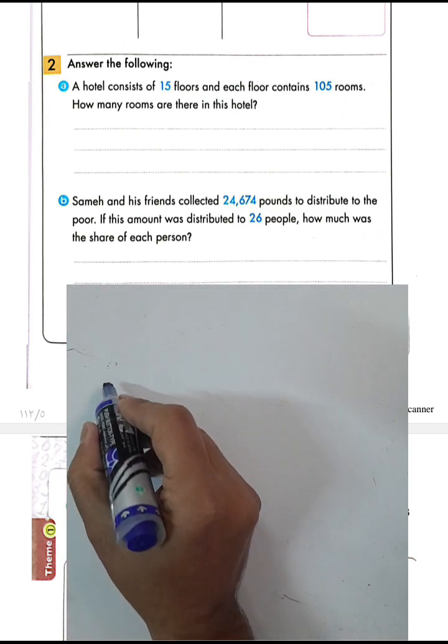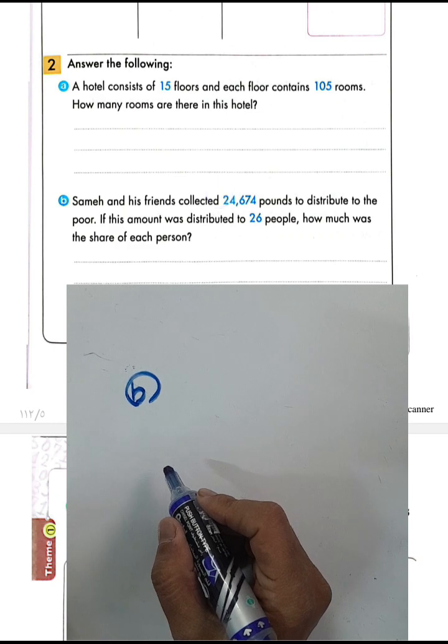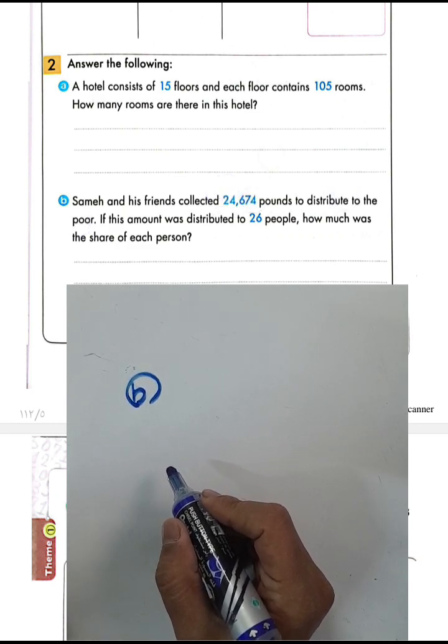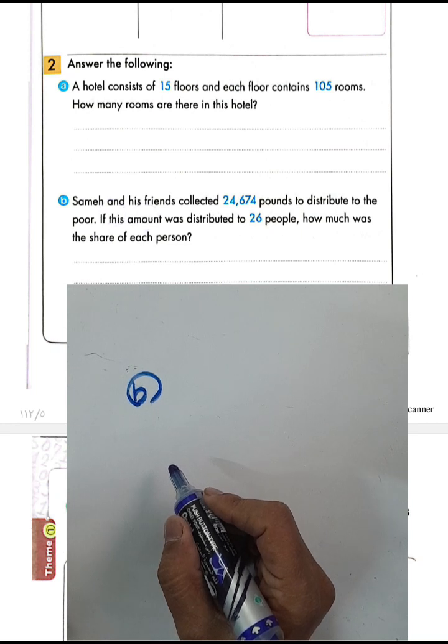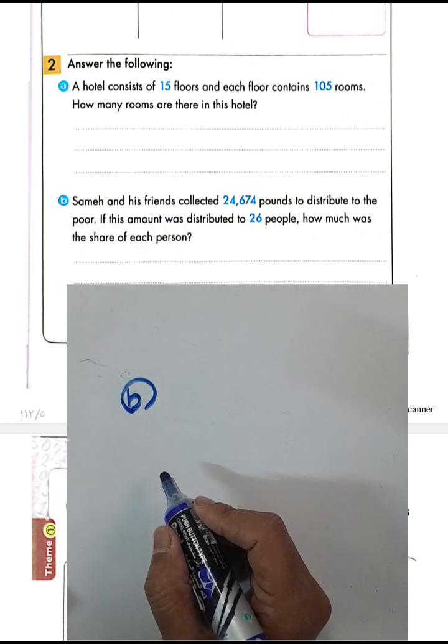Number 2, letter B. Samih and his friends collected 24,674 pounds to distribute to the poor. If this amount was distributed to 26 people, how much was the share of each person? We can find it by using division.